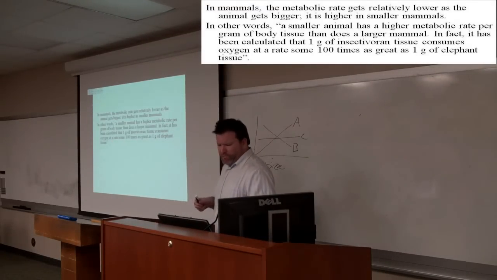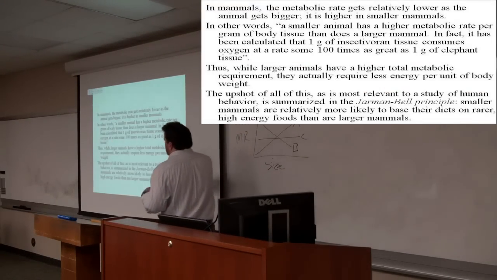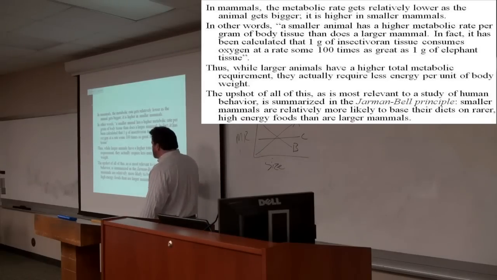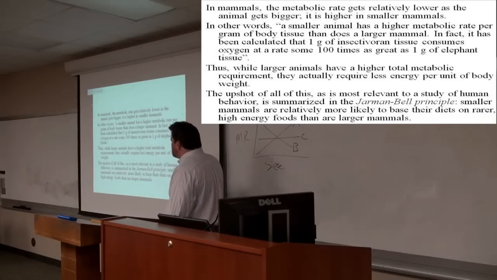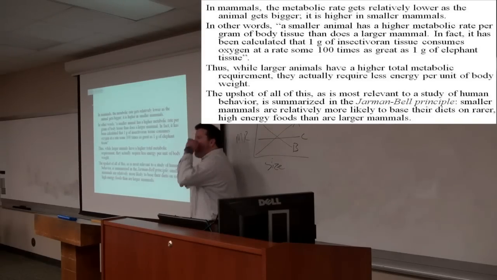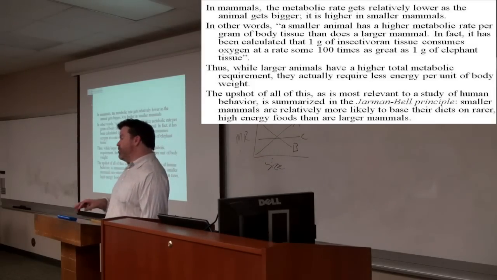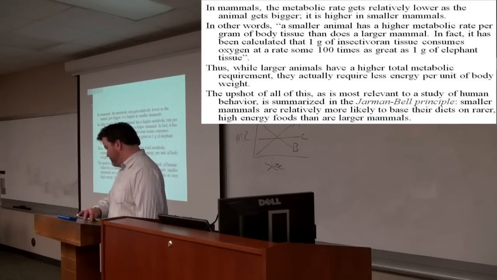Like much larger. Well, what this means here, and this is really in the interest of time, the upshot of all of this is that smaller mammals are more likely to base their diets on rarer, high-energy food sources than our larger mammals. What is a rare, but certainly higher energy food source?